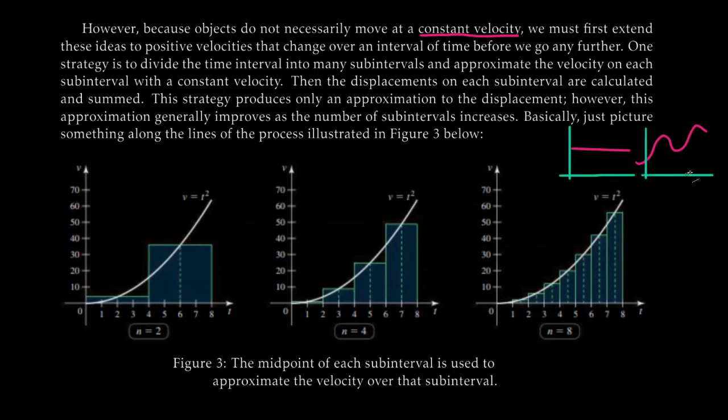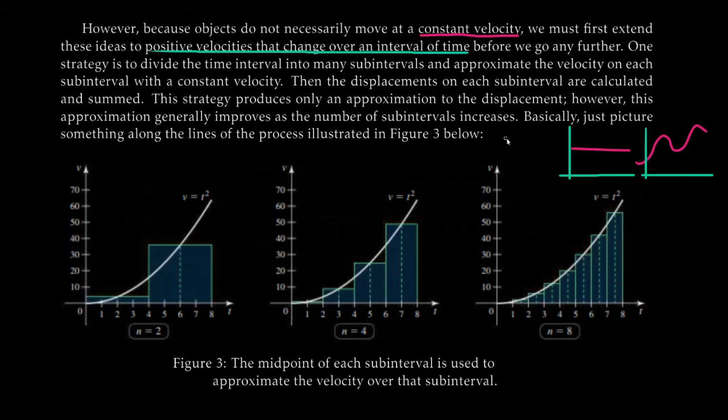All the functions I'm looking at are doing stuff like this. They're all above the x-axis. I'm going to assume for now that we're dealing with positive velocities that change over an interval of time. So the output's positive, it's always above the x-axis, and it might change a little bit over time. We'll deal with things that aren't just constant, but we'll still keep our physical intuition of speed.